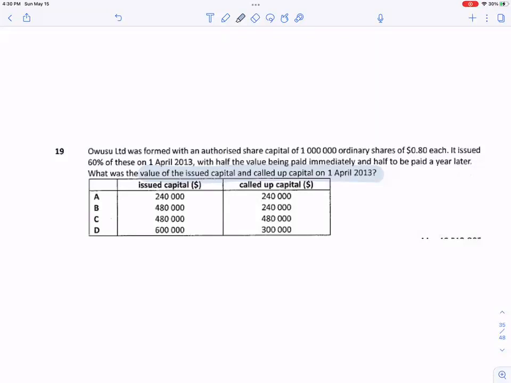When I want issued and called up capital, I have nothing to do with the authorized share capital. My authorized share capital is 1 million shares, and I have issued 60% of this.